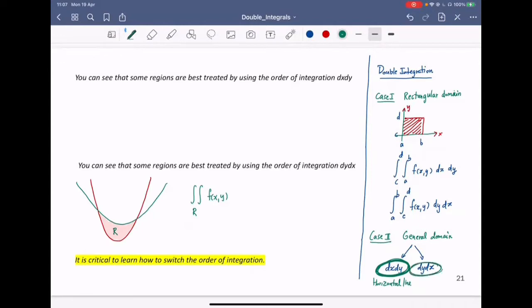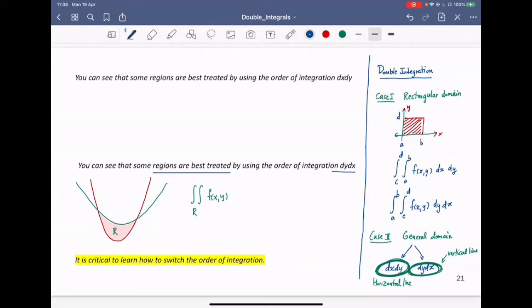But if you use dy dx, this means you're going to use a vertical line, so you do the cut vertically. If you look at this picture, you can see that this region is best done with dy dx, right?